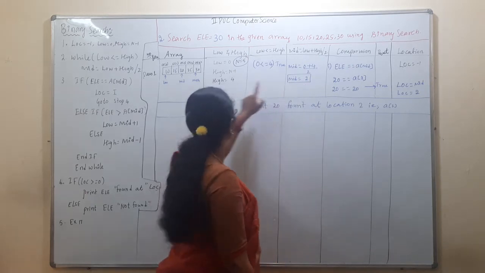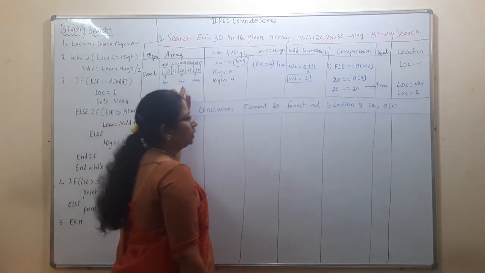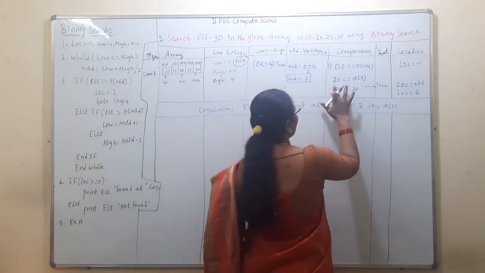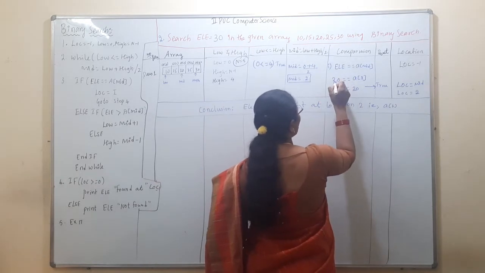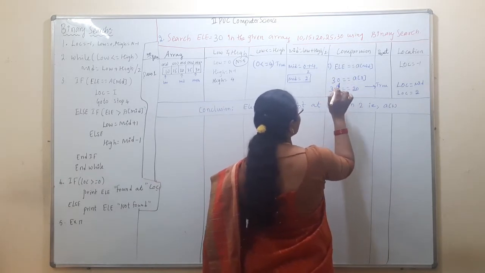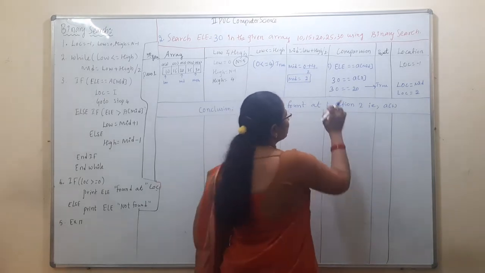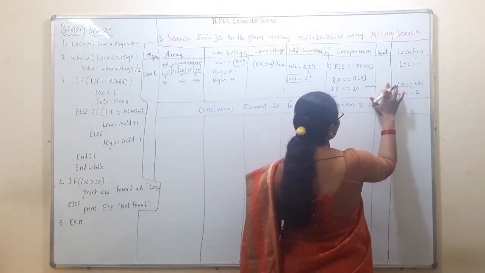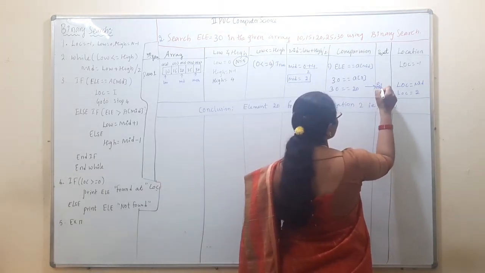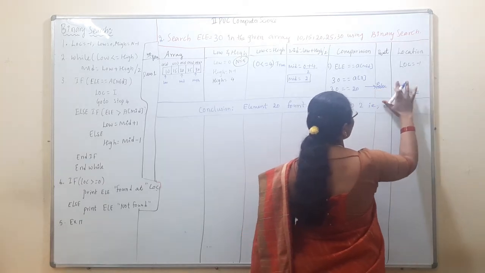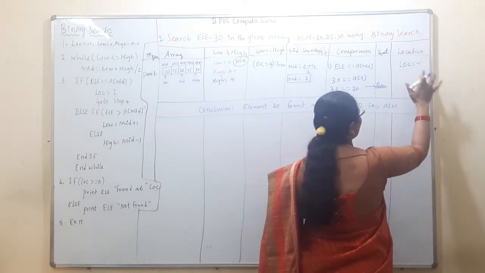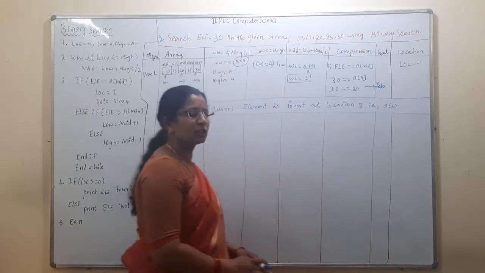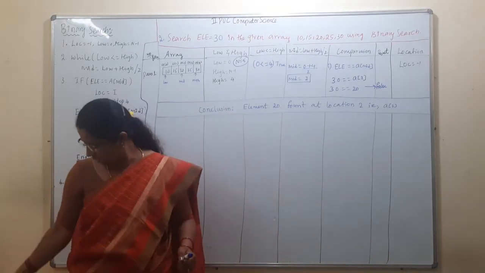I got the mid position as 2. What is the searching element now? The searching element now is 30. Is 30 equal to 20? No. Condition false. No change in the location. Location remains minus 1.